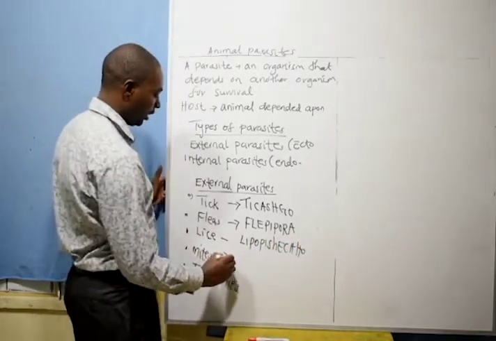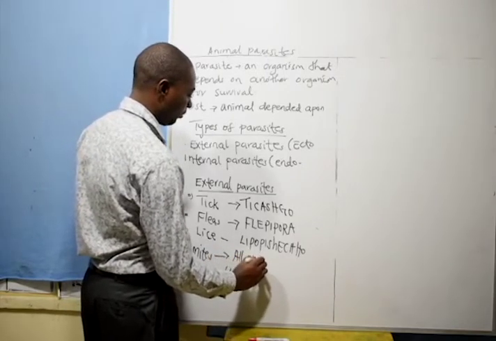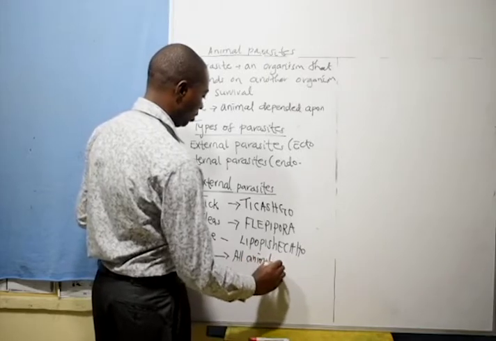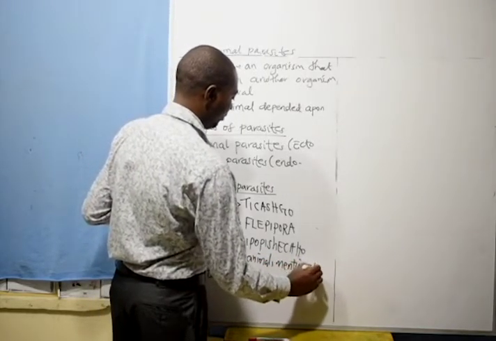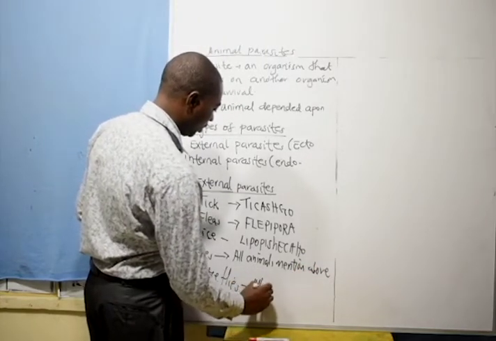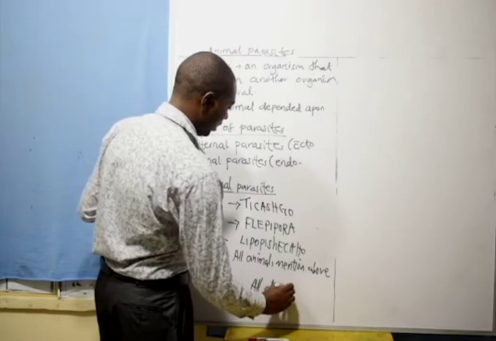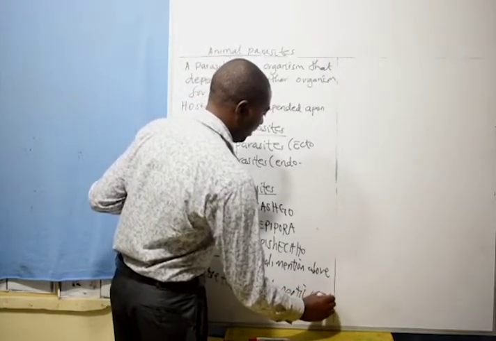The mites, we say all animals mentioned above. Then sesefly, we say all domestic animals. What do I mean by this?